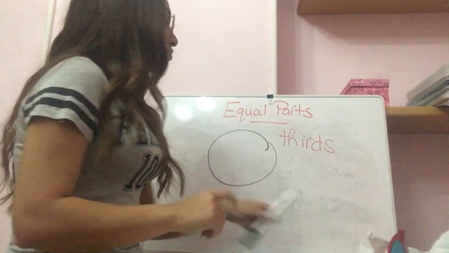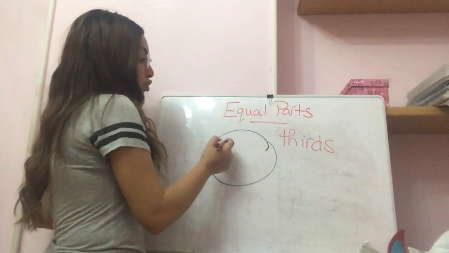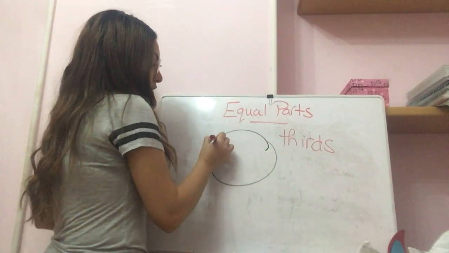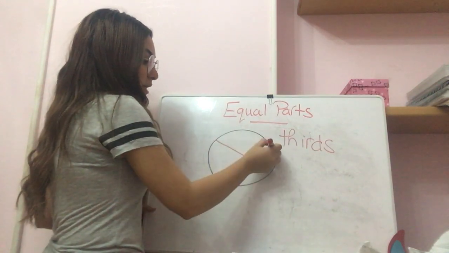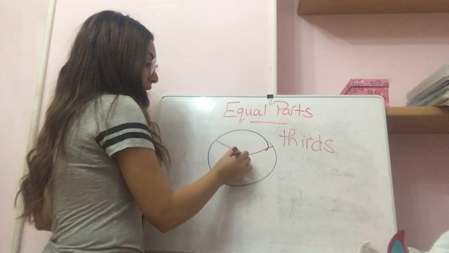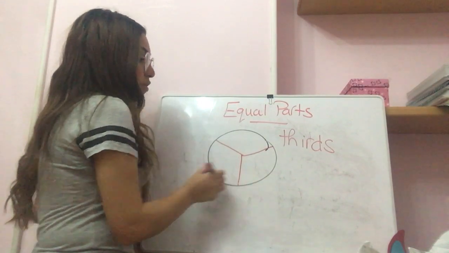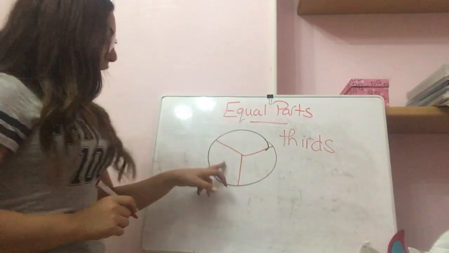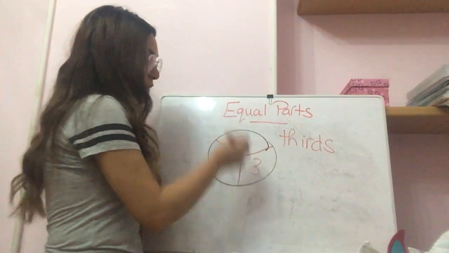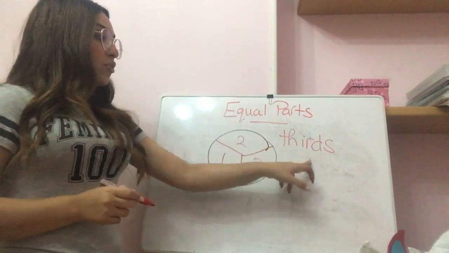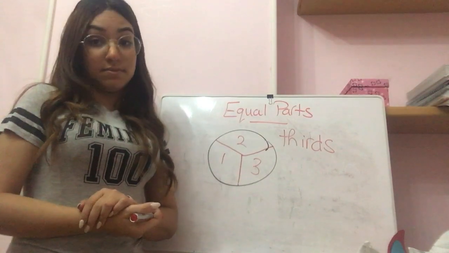Let me show you. You are going to draw this line from this point to the middle, and from this point to the middle, and a line from here down. So now I have 3 equal parts. 1, 2, and 3. So this is what we call thirds.